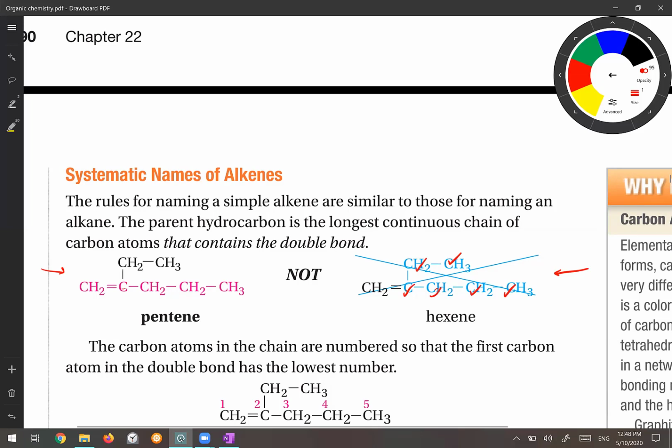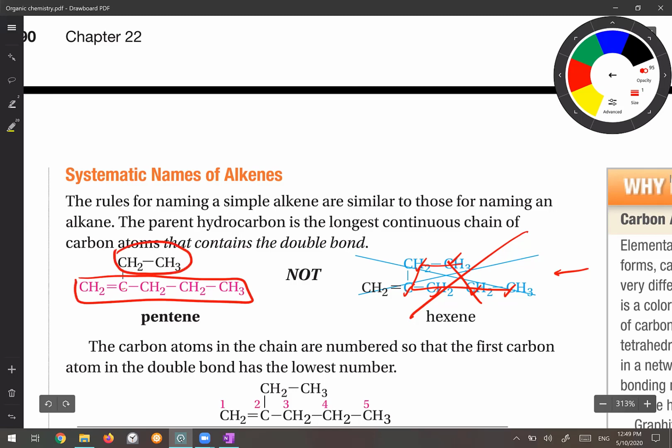But here you have 1, 2, 3, 4, only 5 carbons. But you are not allowed to choose this one because this chain doesn't contain the double bond. So when you want to choose the parent chain in the alkene and alkyne, you have to find the longest chain of the hydrocarbon which contains the double bond or triple bond. So the longest chain is this one which is shown here.